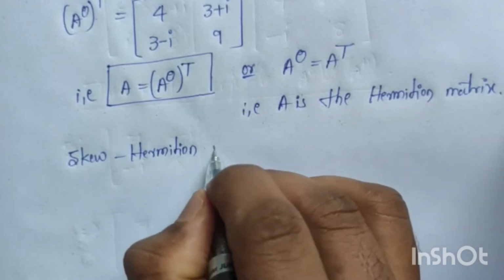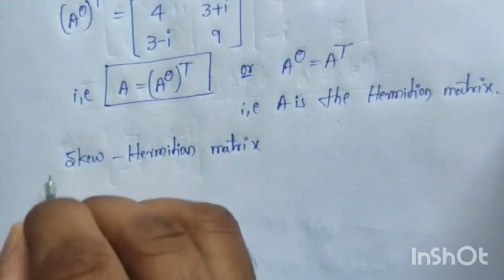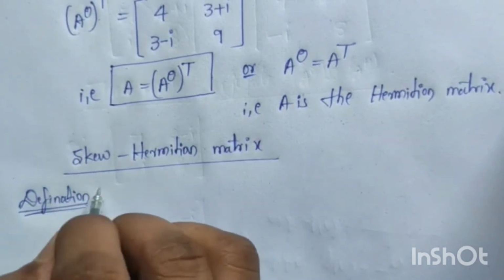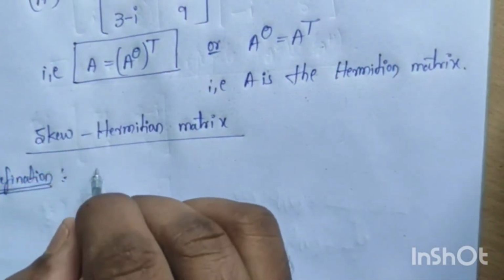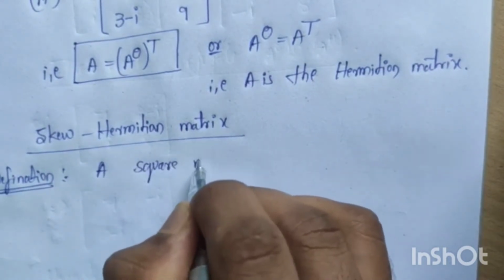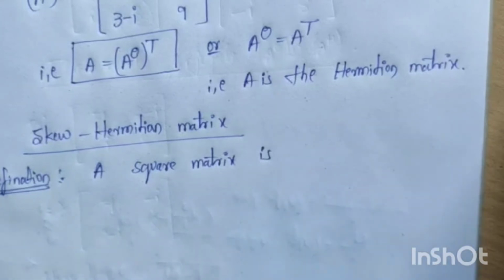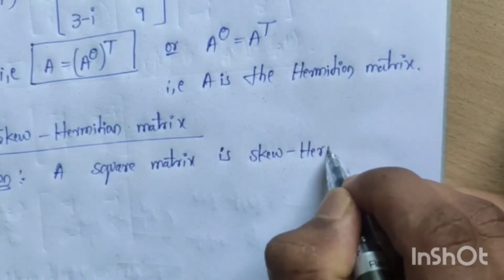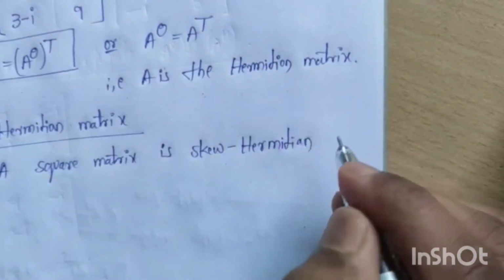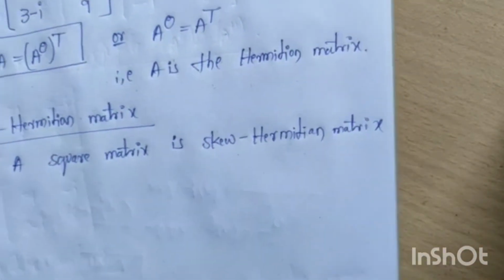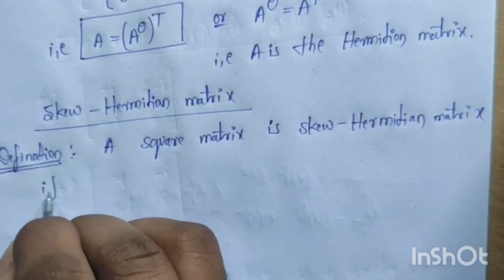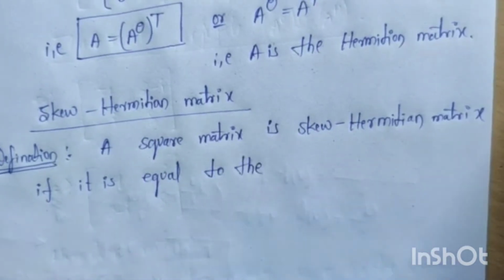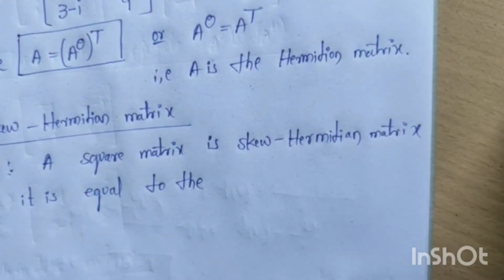Definition: a square matrix is a skew-Hermitian matrix if it is equal to the negation of its complex conjugate transpose.